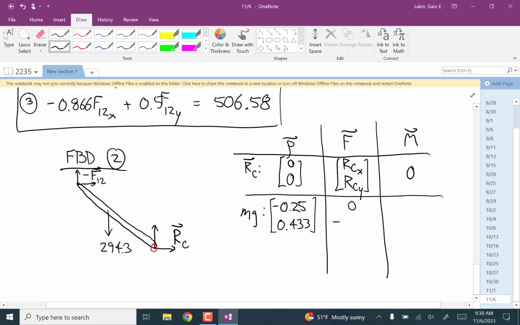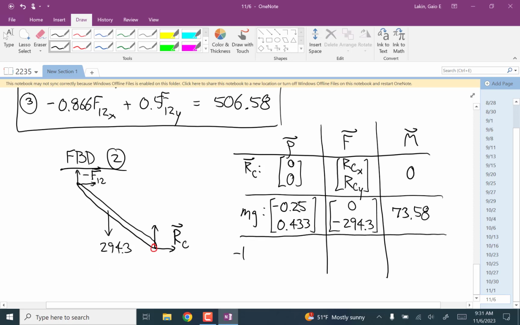Weight force is 0, negative 294.3. And the cross product of that is, what's that? 73.58.